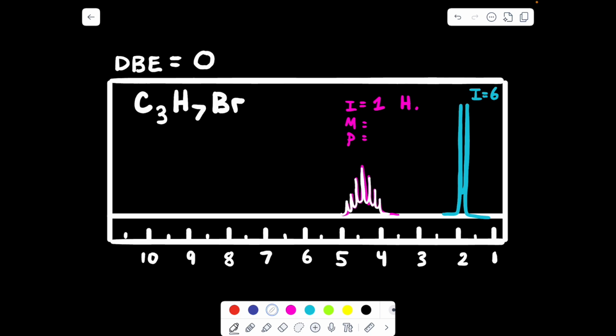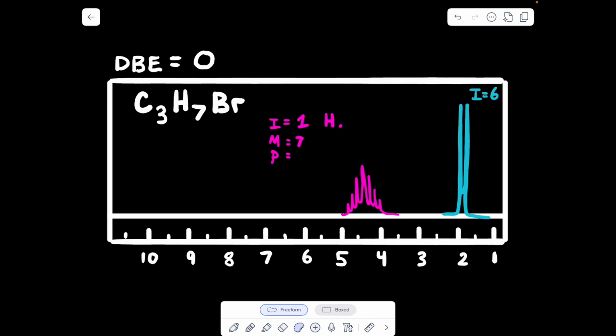So 7 mountains means a multiplicity of 7, a septet. If you have a multiplicity of 7, that means you have 6 neighbors. So the number of neighbors is equal to the multiplicity minus 1, so 7 minus 1, equal to 6.